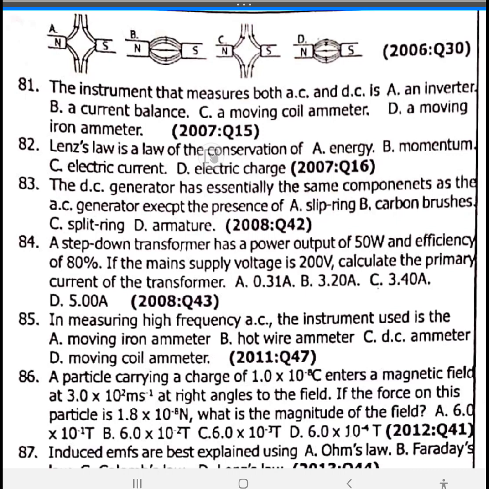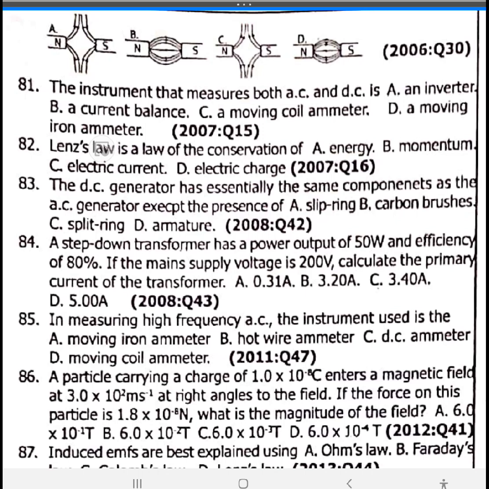So hot wire ammeter or moving iron ammeter is used to measure AC. They ask this question a lot. A hot wire ammeter can measure both AC and DC.